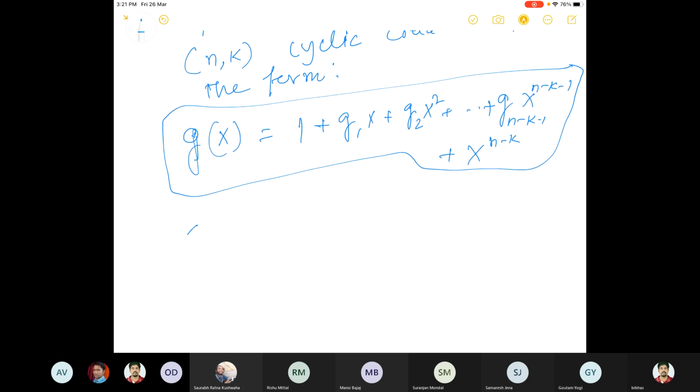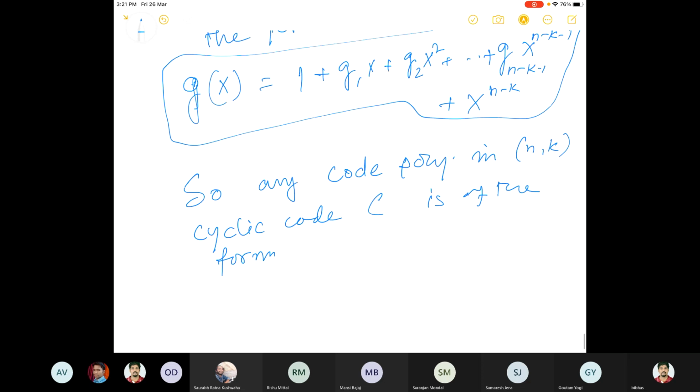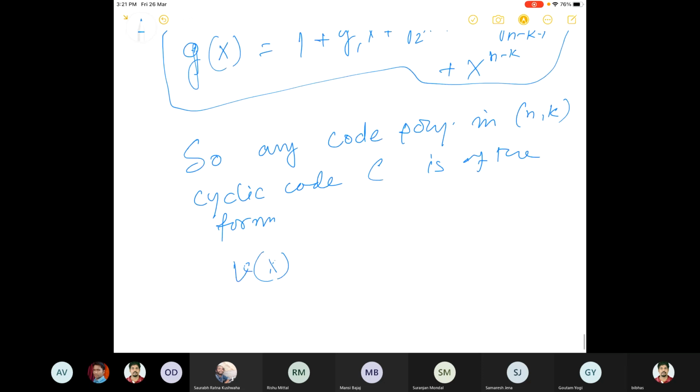So any code polynomial in the n, k cyclic code C is of the form Vx, which is equal to Ux times Gx.